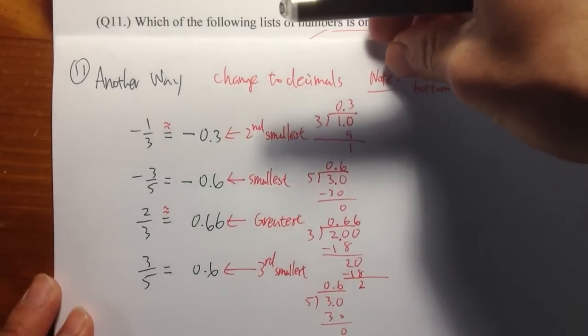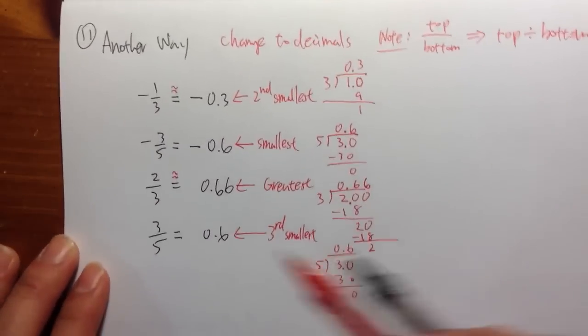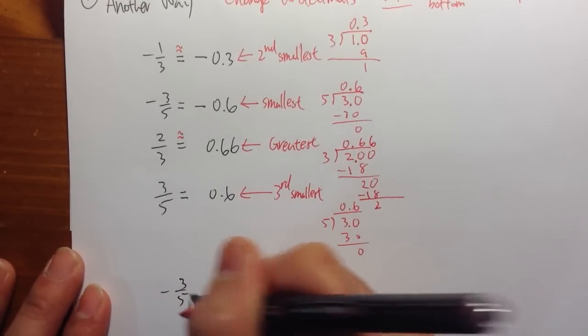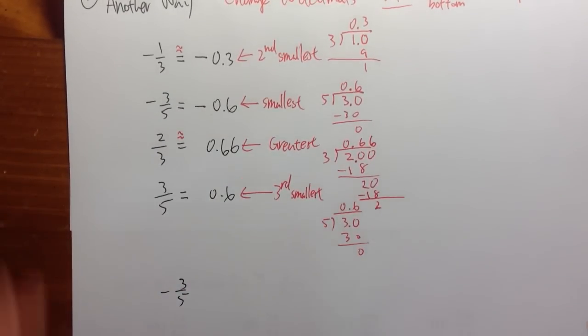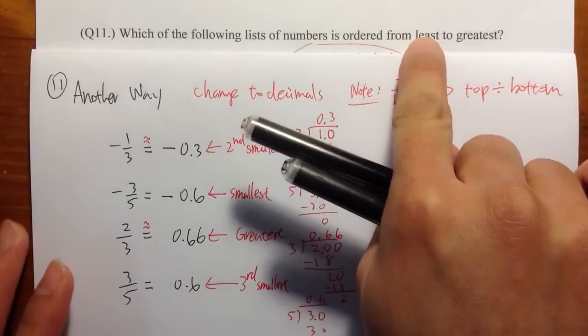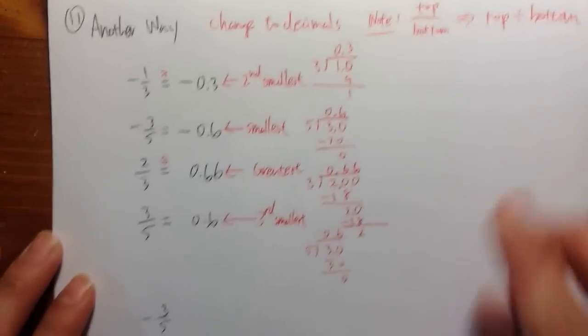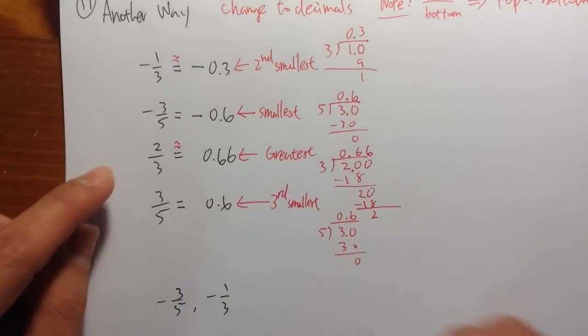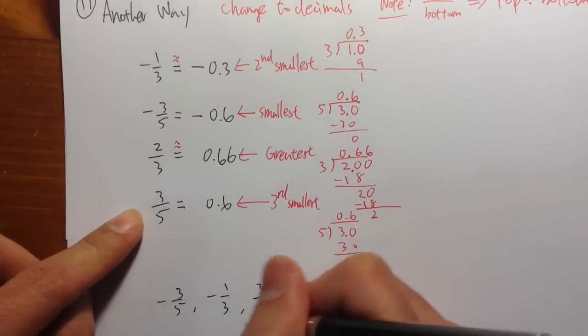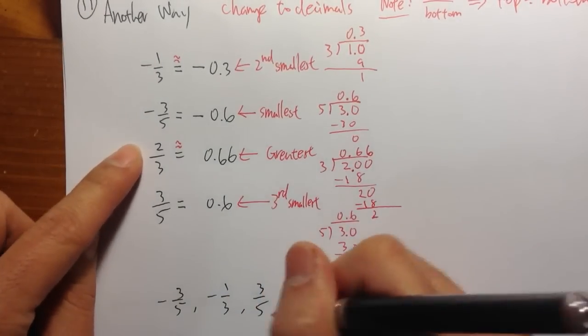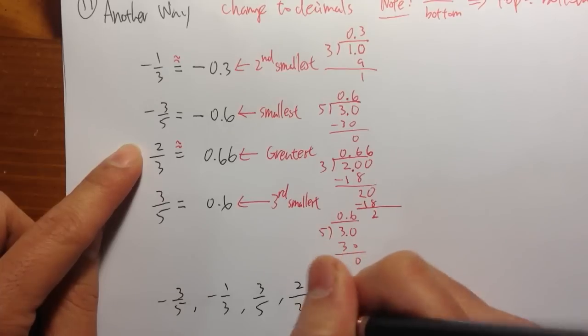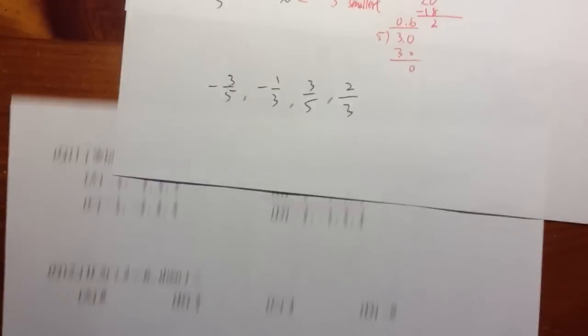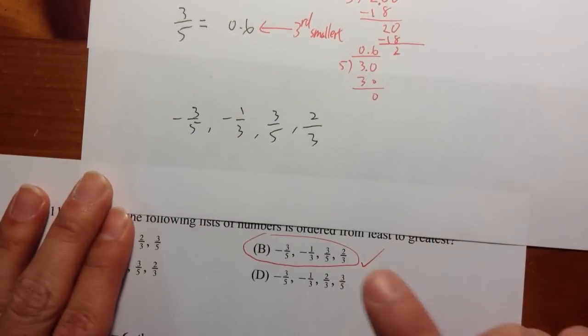So we actually have the same answer. Negative 3 over 5 goes first, because we want the list from the least to the greatest. Then negative 1/3, then 3 over 5, the third smallest, and then the last one, the biggest number, 2/3. We have the same answer as the one we did earlier, choice B.